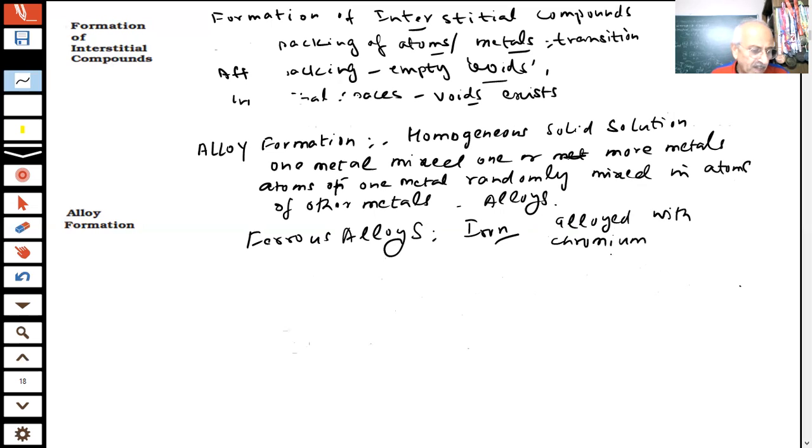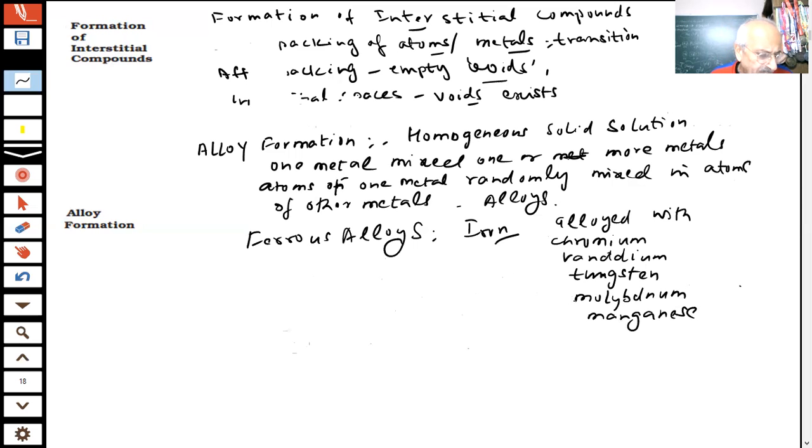You can mix chromium, vanadium, tungsten, molybdenum, and manganese in iron. So you can form a large number of alloys.